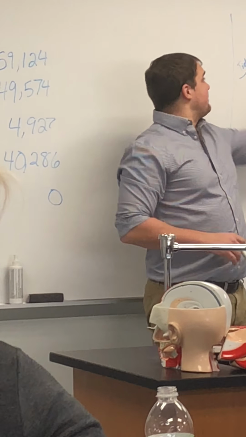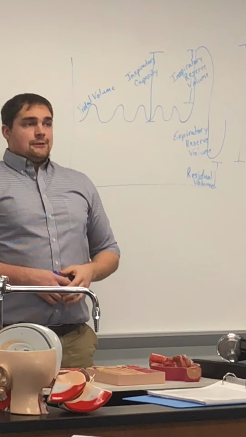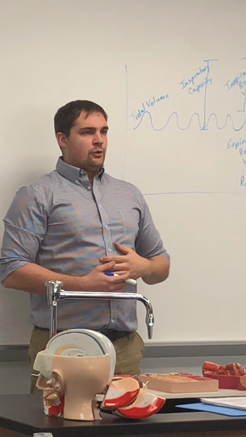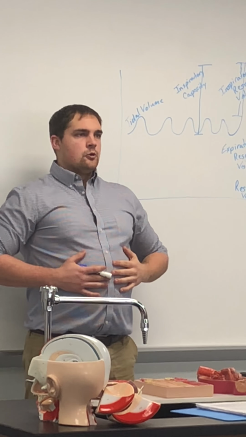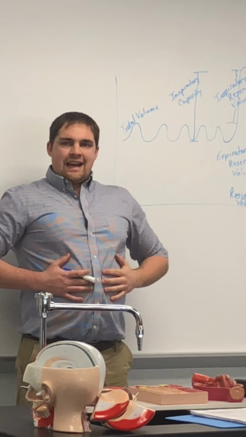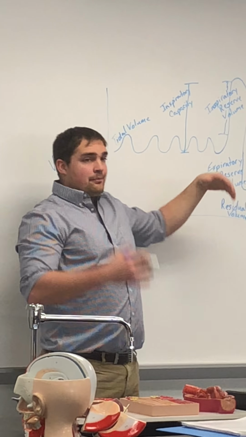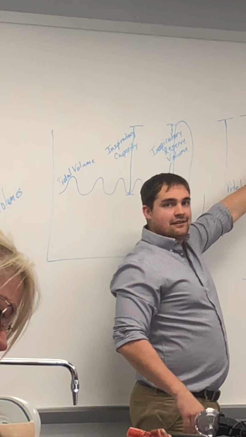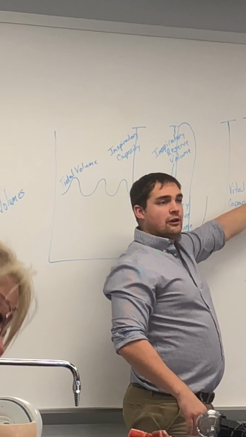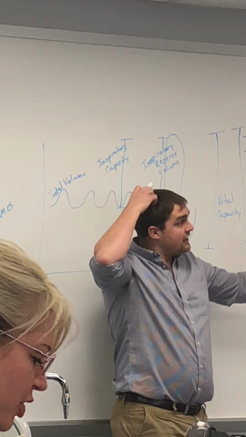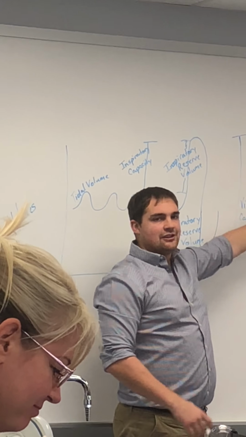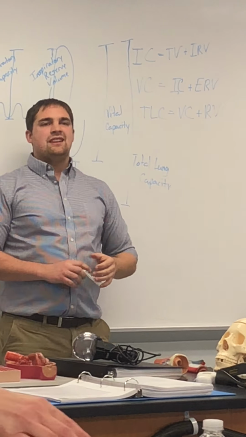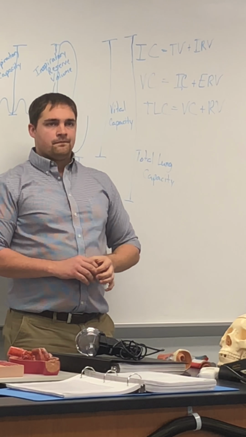So you're taking your deep breath or inspiratory capacity by breathing through your chest and your shoulders, compared to when you're taking that deep breath cued through your abdomen. And we're going to compare those numbers. We'll calculate our vital capacity and compare that to our vital capacity with the other type of breathing. We'll calculate our total lung capacity and compare that to our total lung capacity with the other type of breathing.